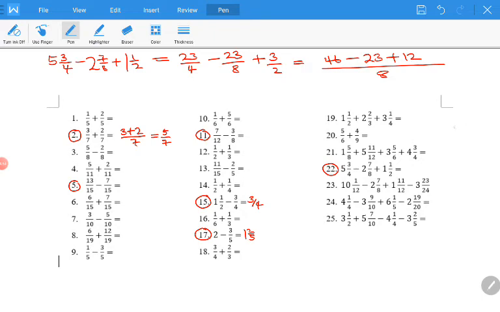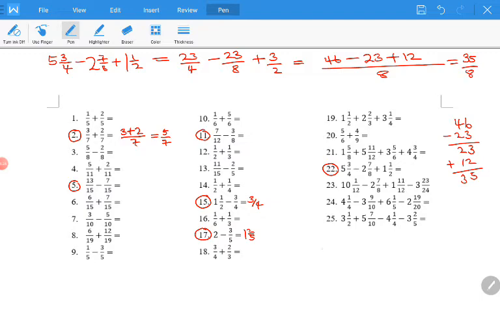So if we say 46 minus 23, we get 23, then plus 12, we get 35. So the answer here is equals to 35 over 8.